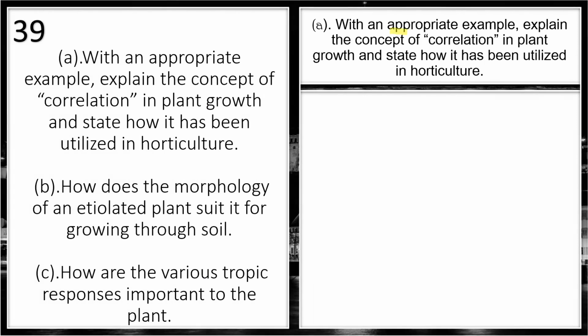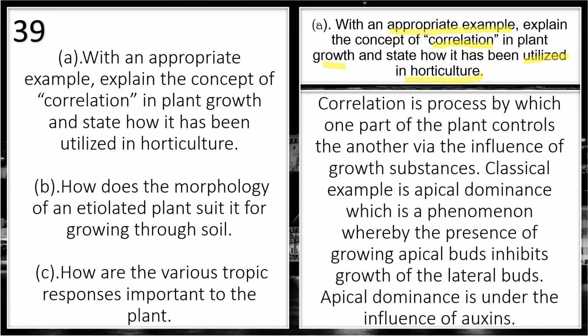Part A. With appropriate examples, explain the concept of correlation in plant growth and state how it has been utilized in horticulture. Correlation is a process by which one part of the plant controls another via the influence of the growth substances.